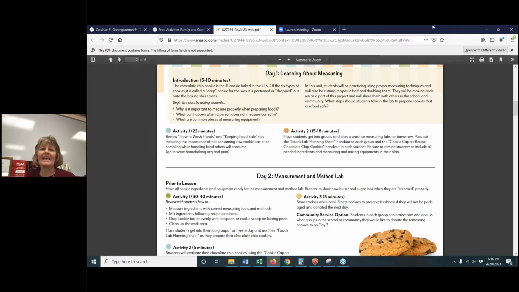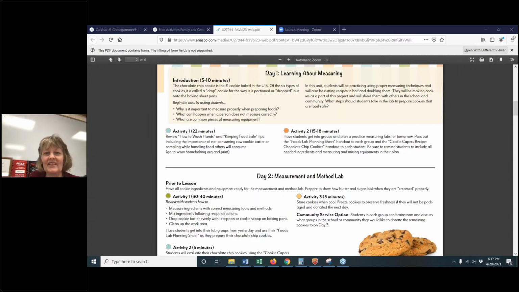Then on the second day, we review with students how to measure ingredients with correct recipe directions, talk about things they'll need to do to mix the ingredients to follow the recipe, and talk a little bit about how to drop the cookie batter evenly with a teaspoon or cookie scoop onto baking pans, and then clean up the work area.